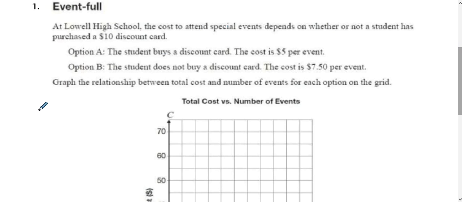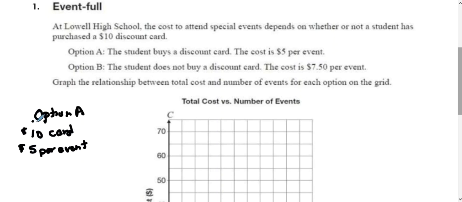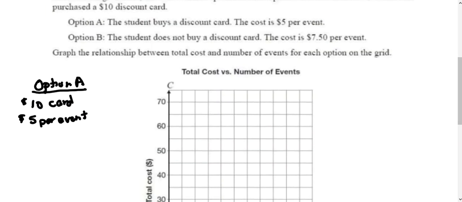So option A, we know that we have to buy this $10 card, and that's a one-time cost, and then we're going to be paying $5 per event. Well, with the learning that we did over the last couple of lessons, we know we can make an equation out of that. We know that this is my initial value, the amount that I have to start with.